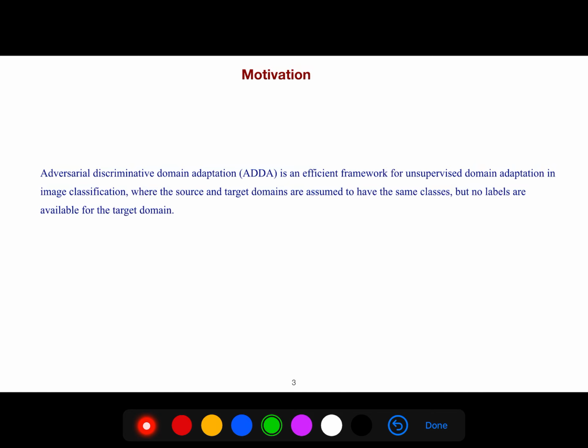in image classification, where the source and target domains are assumed to have the same classes, but no labels are available for the target domain.